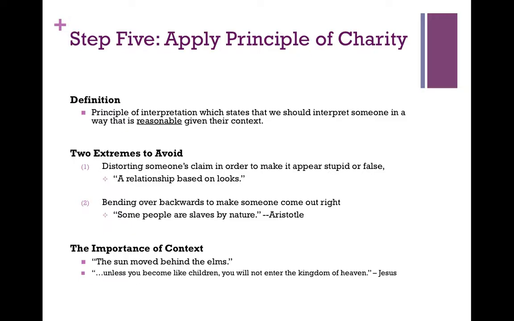There's another extreme we want to avoid also, which is distorting someone's view so that it comes out obviously right. And you see this occur sometimes when people really like someone else and that person has said something which is pernicious or false or misleading or deceitful. And because I like that person, I want to say, no, no, no, that's not what they meant.